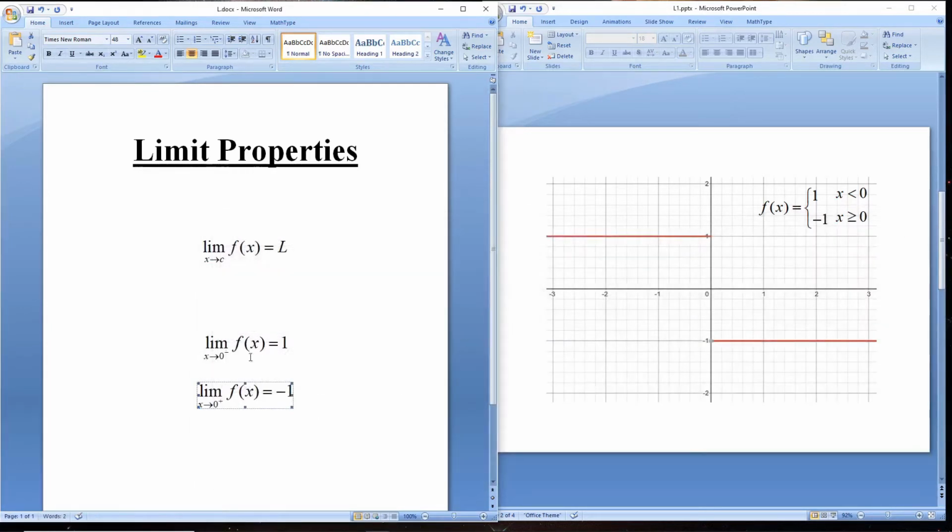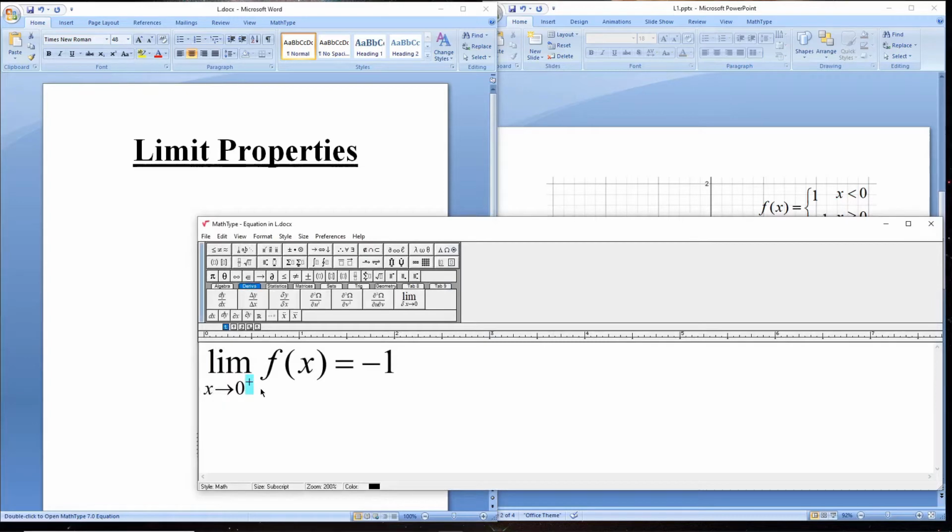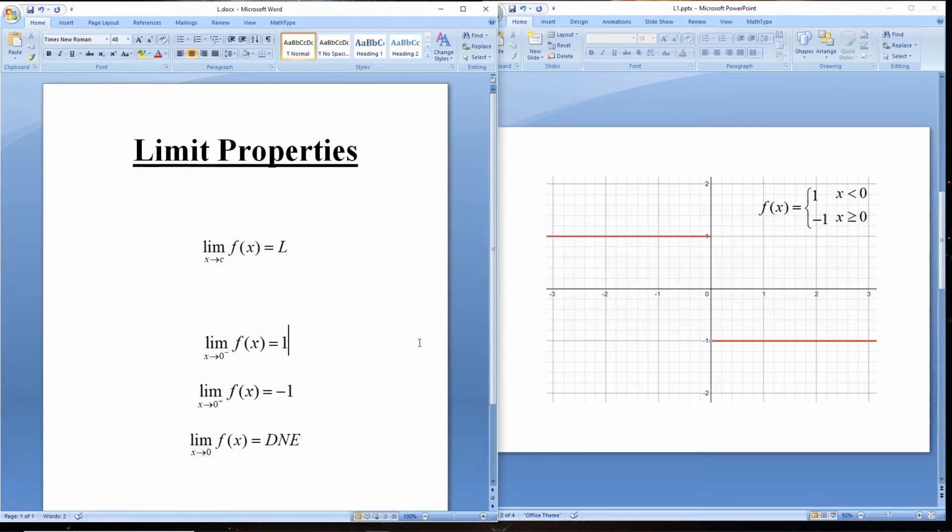And those limits don't equal. And so then we would say the two-sided limit doesn't exist. So we have a one-sided limit, another one-sided limit. They don't equal, so the two-sided limit doesn't exist.